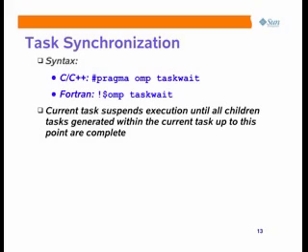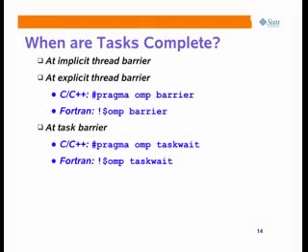So it's a way of waiting for other tasks to complete. These are essentially the two directives, the task directive to define a task and taskwait, and these were added to support tasking in 3.0. Tasks are complete at an implicit thread barrier, an explicit thread barrier, or at a task barrier.